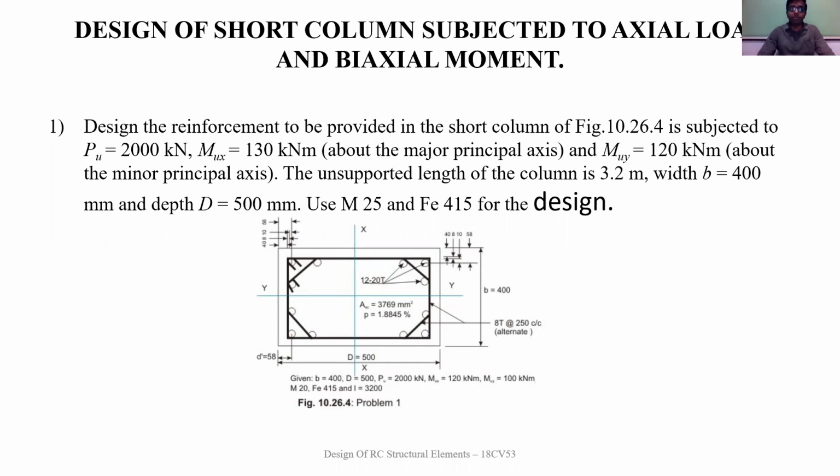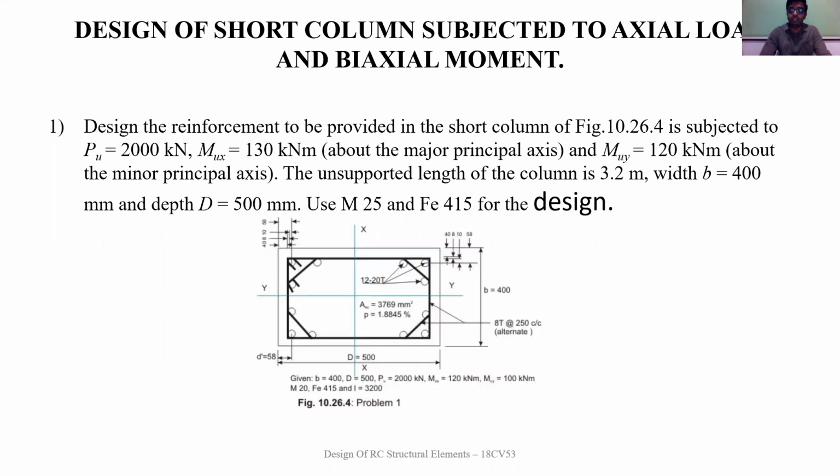In this particular problem, we design the reinforcement required to be provided for a short column as shown in the figure. It is subjected to an ultimate axial force of 2000 kilonewton and an ultimate moment of 130 kilonewton meter about the major principal axis and 120 kilonewton meter about the minor principal axis.